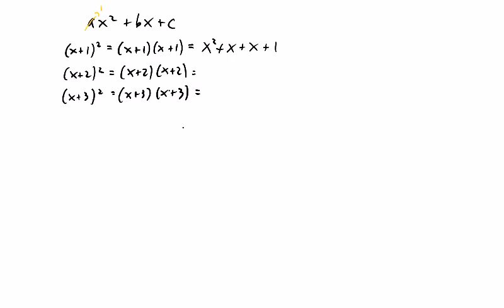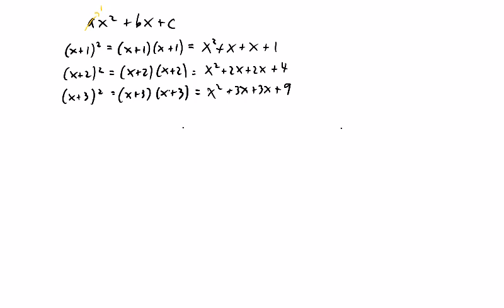For the second example, we would have x squared as our first product, we would have 2x as our second product, and then we would have 2x as our third product, and we would have 4 as the final product. Then for the last one, we'll have x squared, and then we would have 3x for the second product, 3x for the third product, and we would have 9 as the last product.